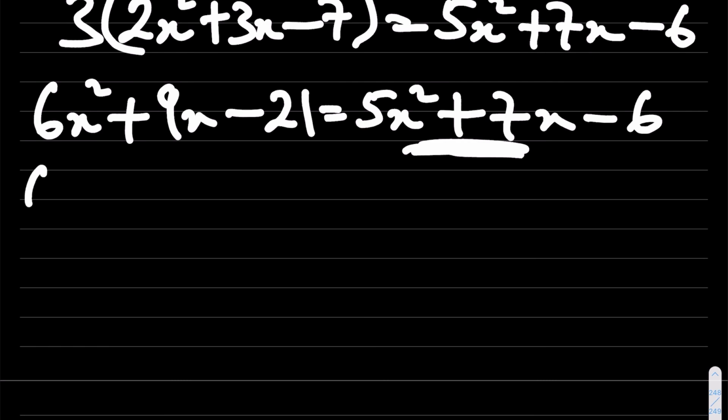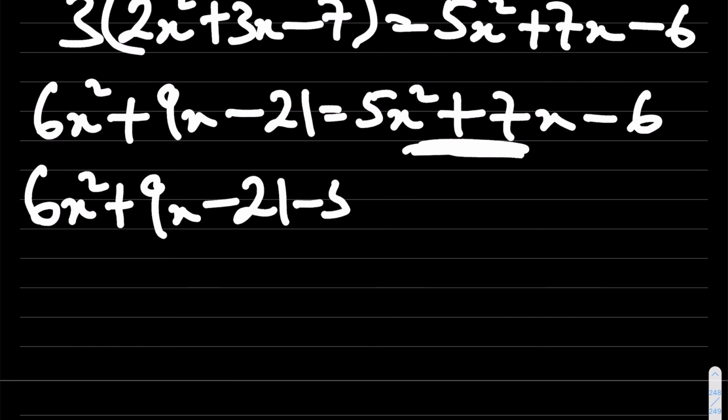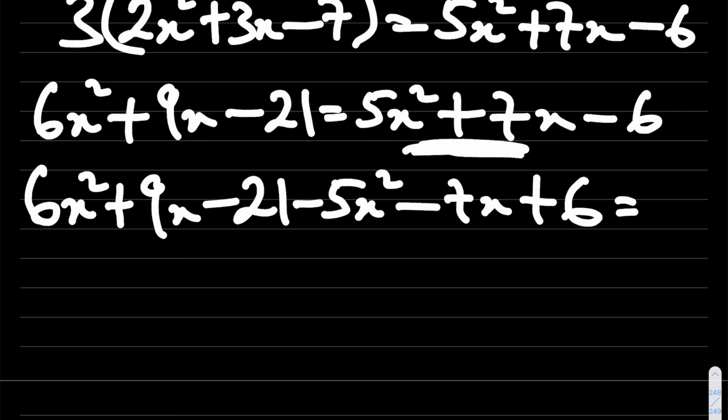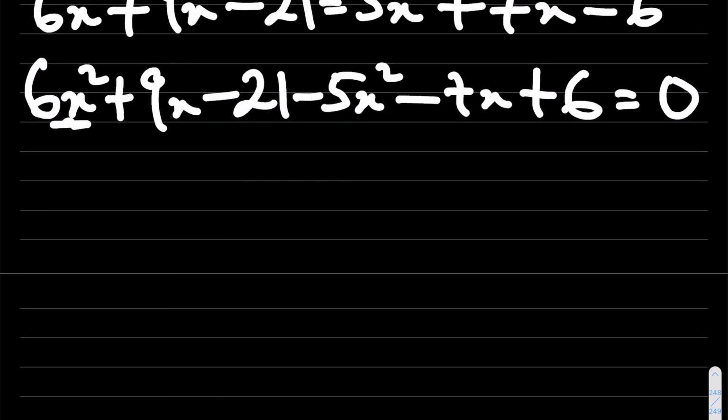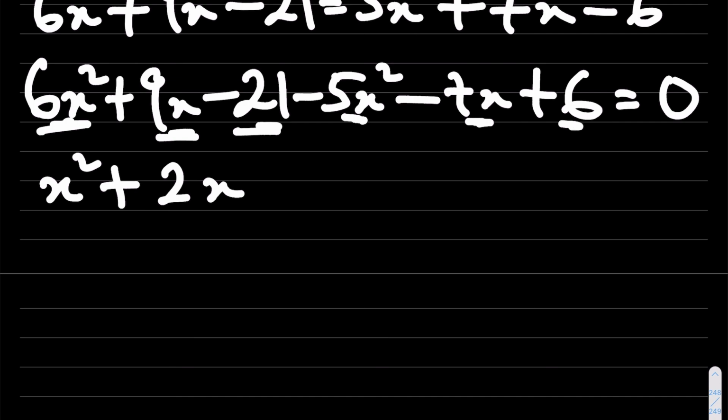So that simply means 6x squared plus 9x minus 21 minus 5x squared minus 7x plus 6 equals 0. And this is the same as 6x squared minus 5x squared is x squared. 9x minus 7x is 2x. And then minus 21 plus 6 is minus 15 equals 0.